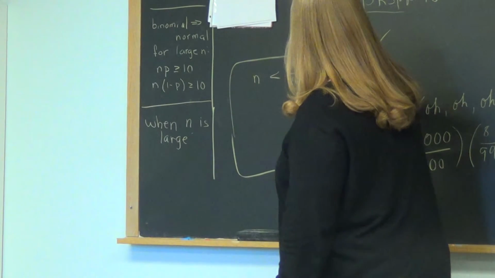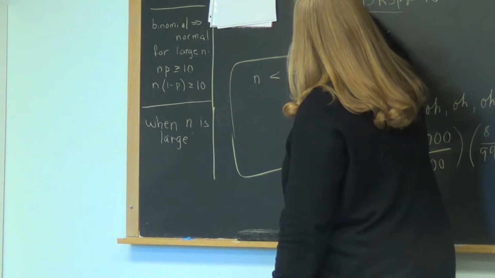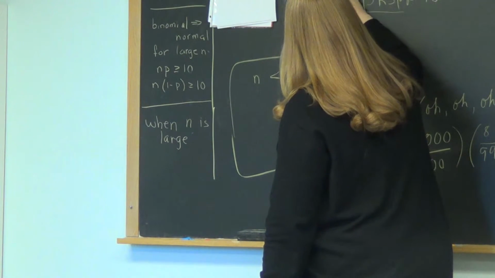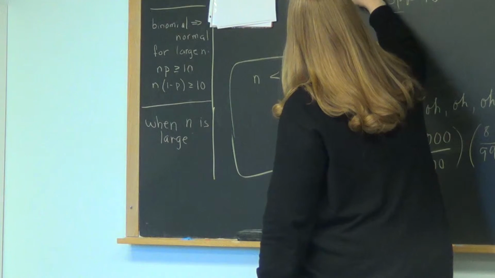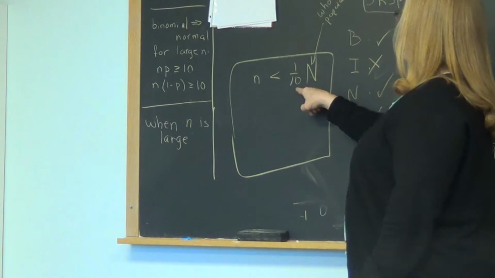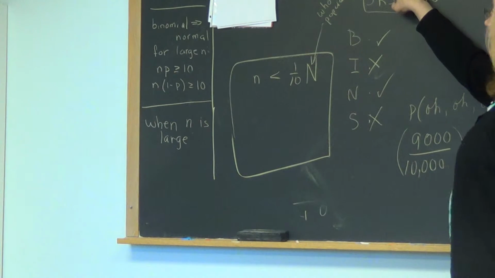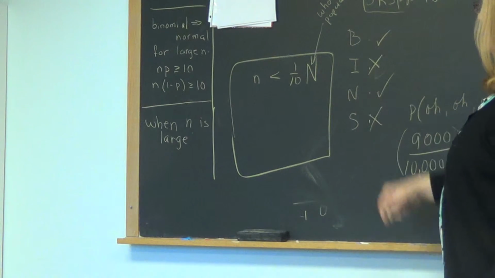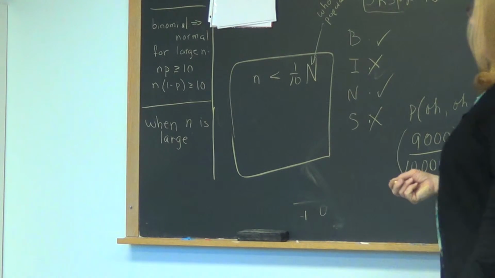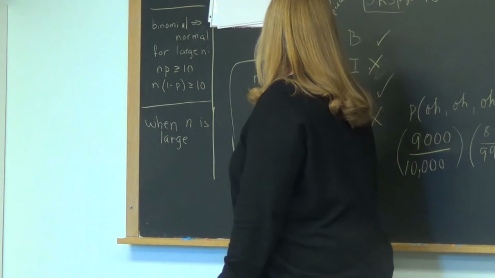I'll say big N for the whole population. In this case, the number was 10,000 for the whole population. So, is little n less than 1/10 of 10,000? Well, 1/10 of 10,000 is just 1,000. Is 10 less than 1,000? So it does. But I like to think of it this way.